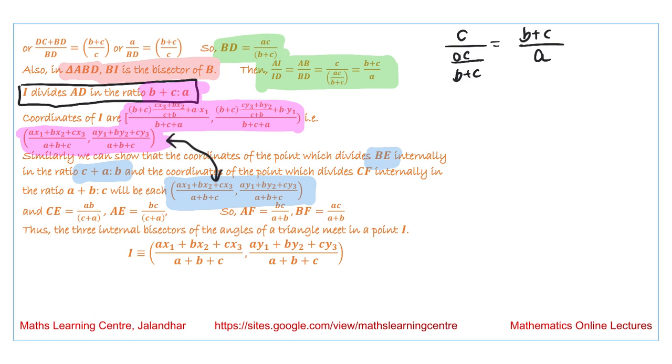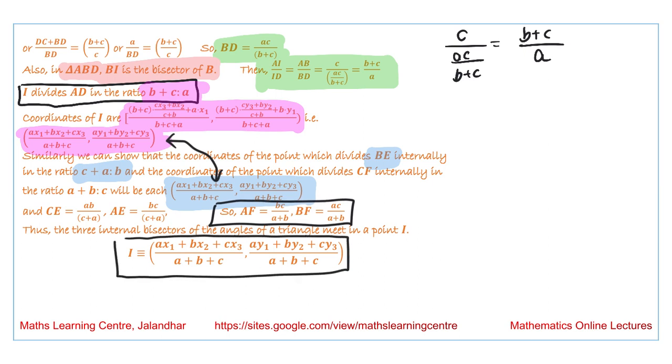And similarly for the third side, we can obtain the coordinates, and by combining all these results we can see that the three angle bisectors meet at the point I, whose coordinates are given by this formula.